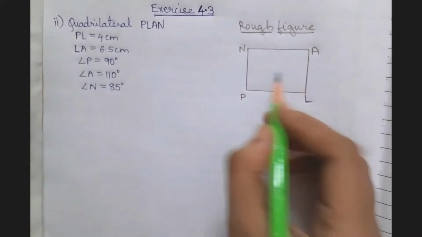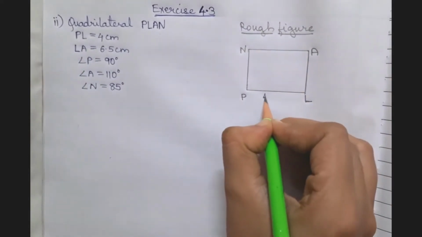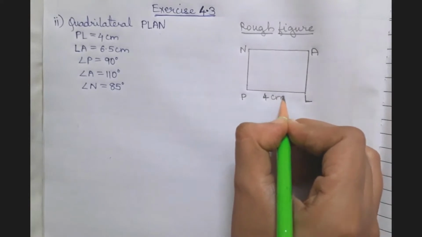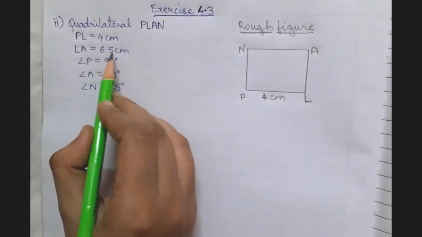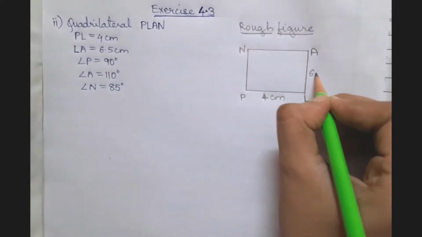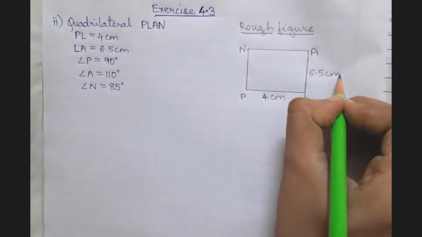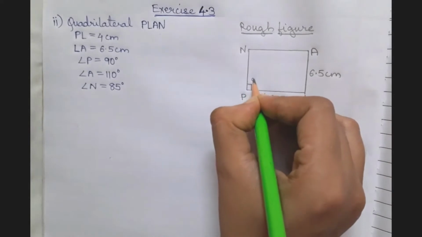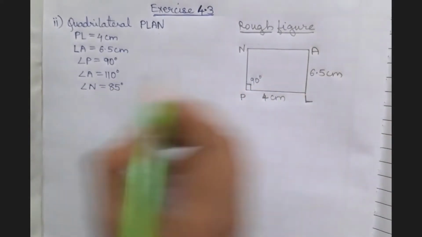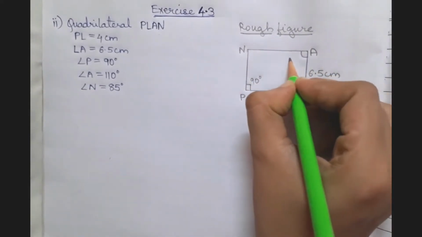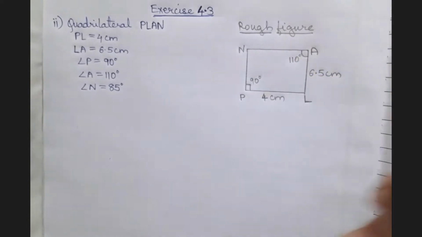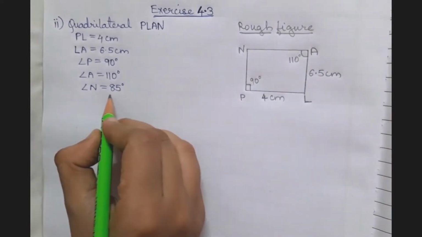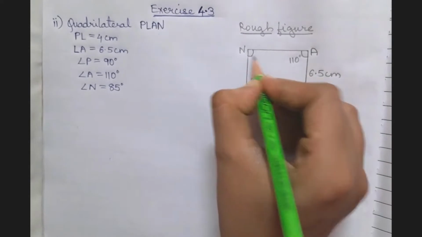Here PL is 4 centimeter. LA is 6.5 centimeter. This is LA, 6.5 centimeter. Angle P is 90 degree. Angle A is 110 degrees. And angle M is 85 degree.